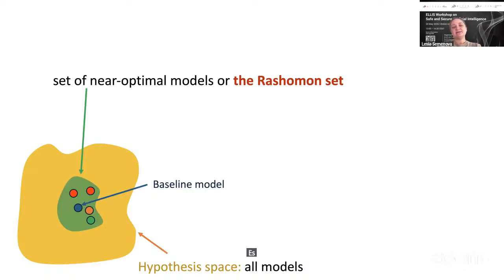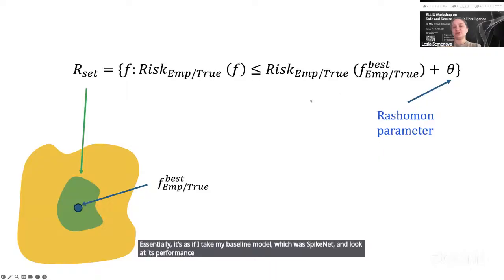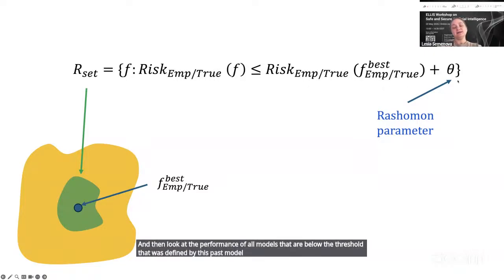Essentially, it's as if I take my baseline model, which was SpikeNet, and look at its performance, measured in terms of true and empirical risk, typically empirical, since it's what we have access to, and then look at the performance of all models that are below a threshold defined by this best model in class and some parameter, which I would call the Rashomon parameter.